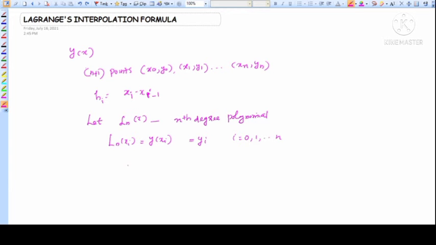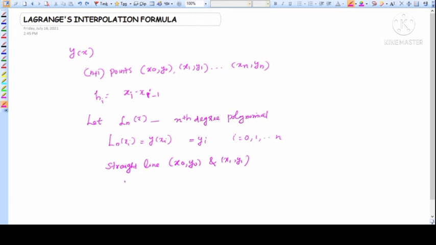Before constructing an nth degree polynomial, we consider a straight line equation, a first order polynomial, passing through 2 points x0, y0 and x1, y1.